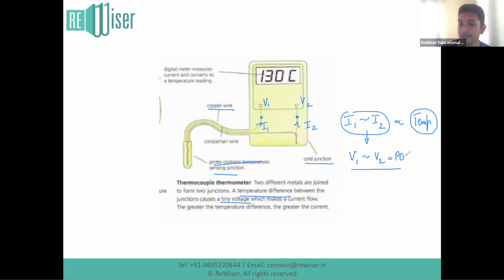And this potential difference can be used as a direct measurement of the temperature. This also works because voltage by definition is work done per unit charge, or energy consumed per unit charge. So voltage or potential difference is a direct indicator of energy or temperature.